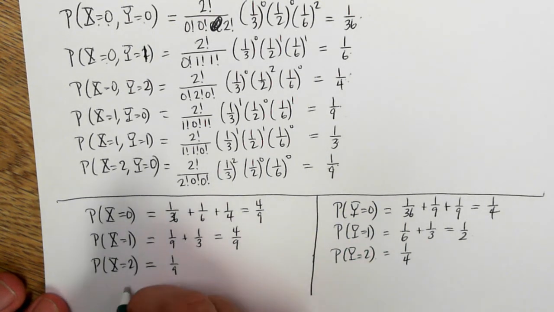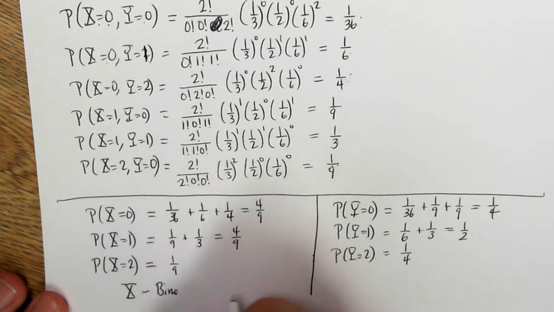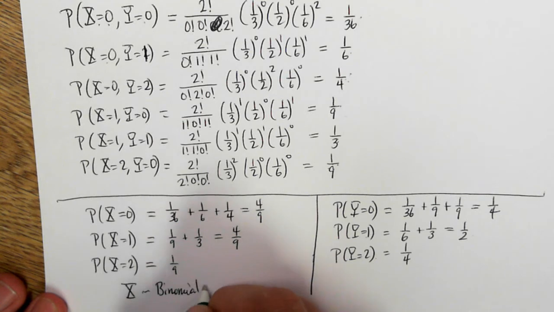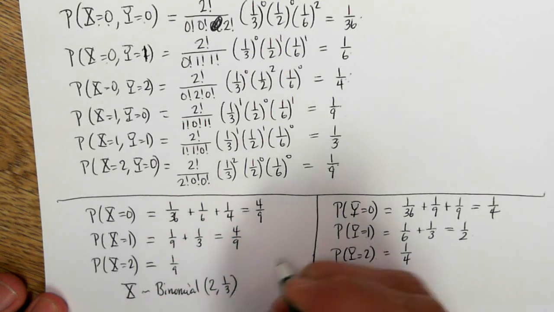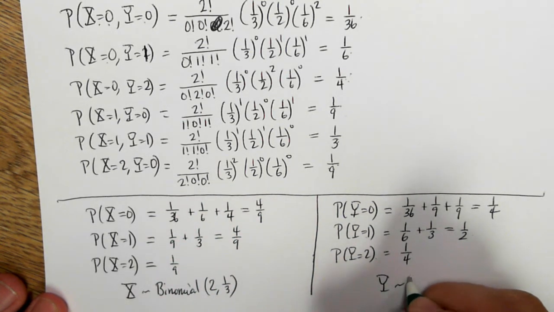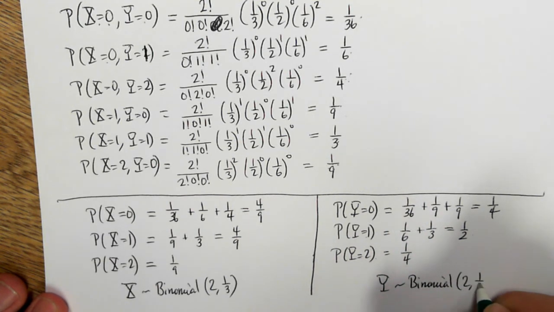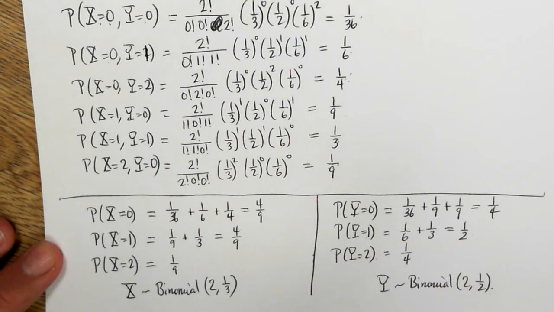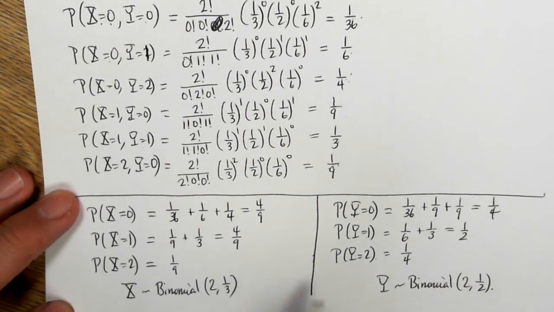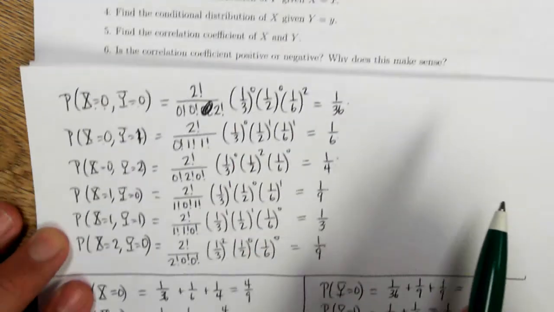It would have been a whole lot easier if I had said at the top that X is binomial with parameters 2 and 1/3, while Y is binomial with parameters 2 and 1/2. Now, why in the world could I just simply write that down without doing all this previous work?